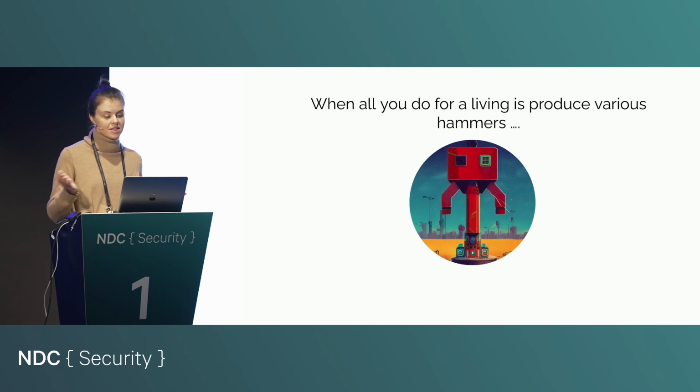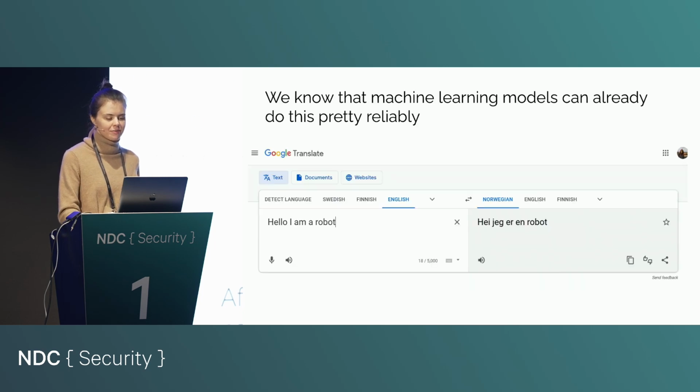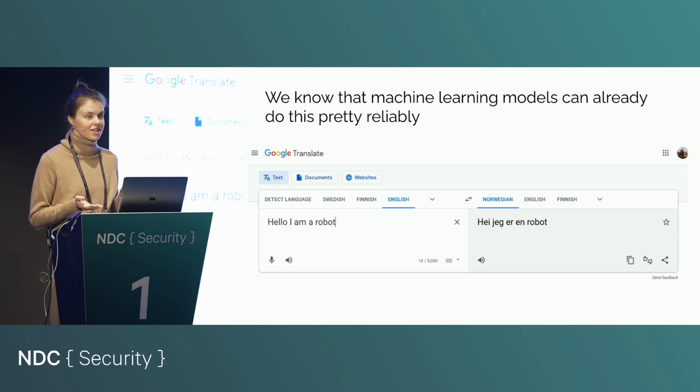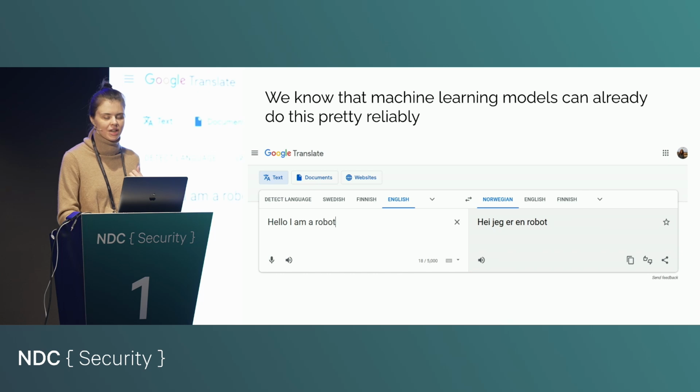And also there's this other thing: when you work in machine learning and all you do every day is produce machine learning models, or hammers, for a living, then everything starts to look like a nail to you. And so here I am sitting and thinking, well, we know for many years that machine learning models have been able to do natural language translation really reliably. And here is an example from Google Translate that I'm sure you all have used many times.